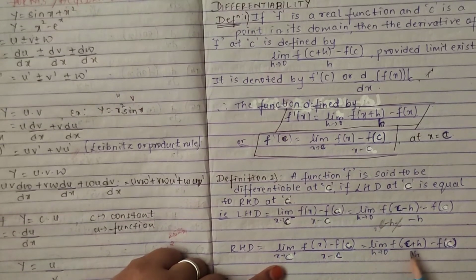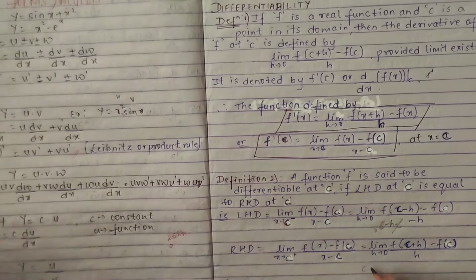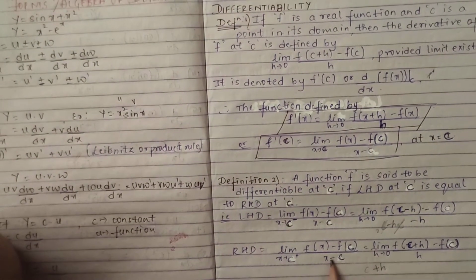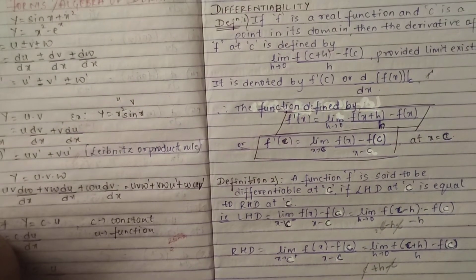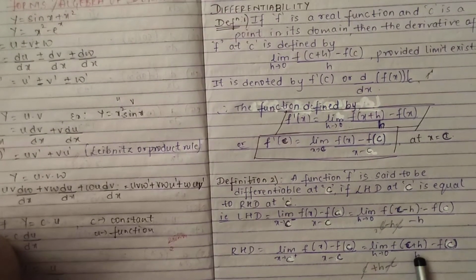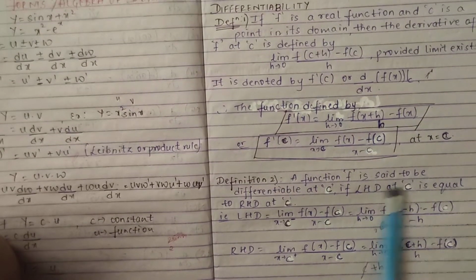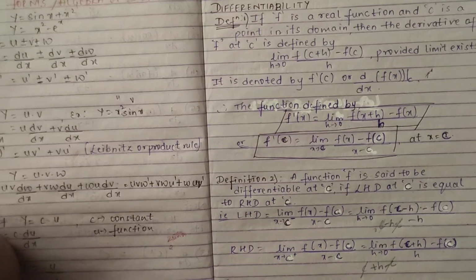So wherever x is there, it changes to c plus h, so f of c plus h minus f of c, whole divided by, here also in place of x we put c plus h, and the minus c is already there. Again minus c and plus c get cancelled, so you are left with plus h. So here it is h, and as h tends to 0, your limit will be h tends to 0.